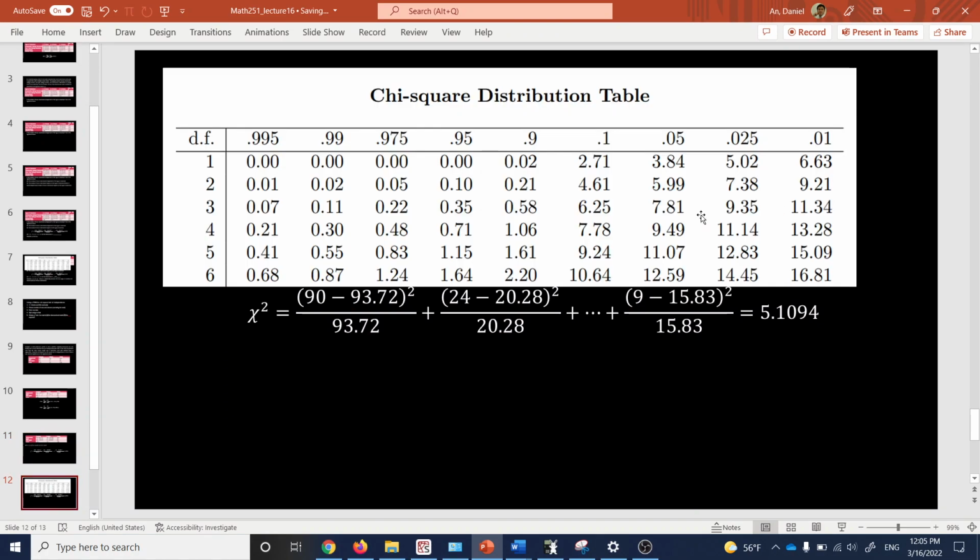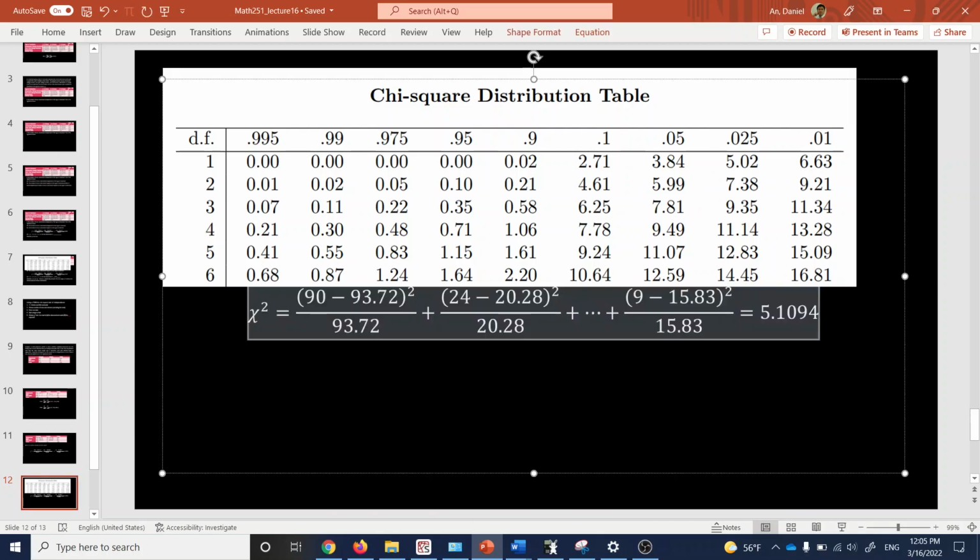Let's look at this table. Because our degrees of freedom is 2 and significance level is 0.05, what do you see as the critical value? So the chi critical value is 5.99. Okay.